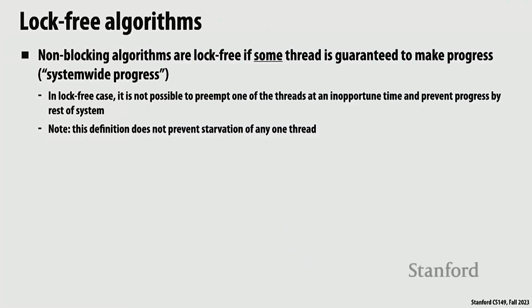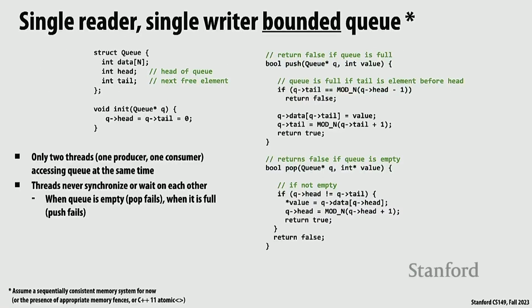So let me give you just one simple example. Here's a queue. This is very much like a queue that you would write at a Microsoft interview. I'm implementing a queue as an array, and as you push, you increment tail. As you pop, you increment head.